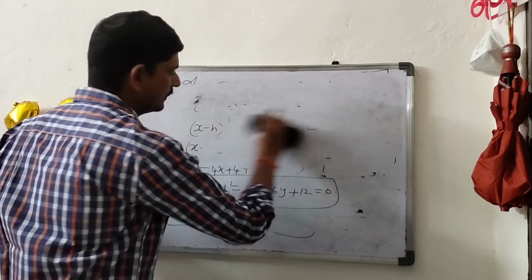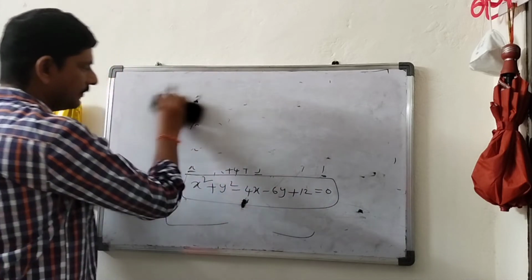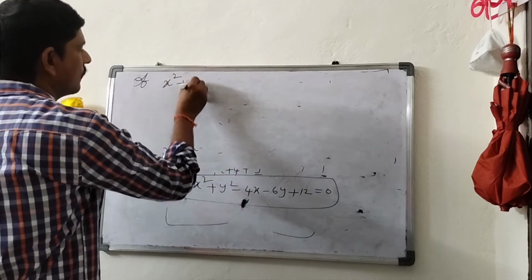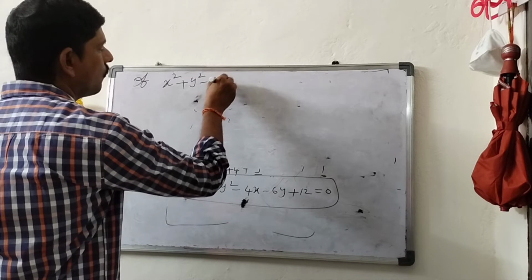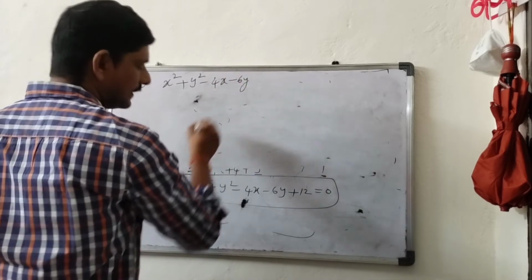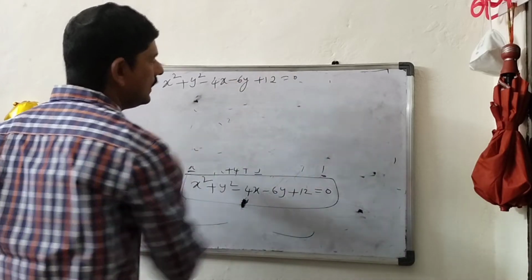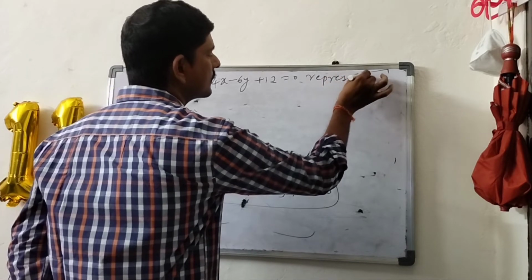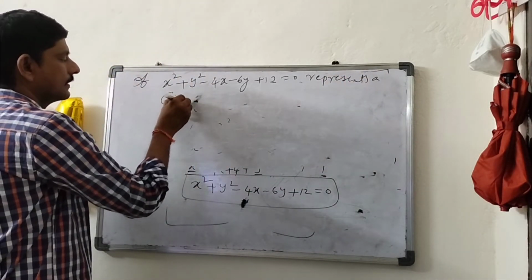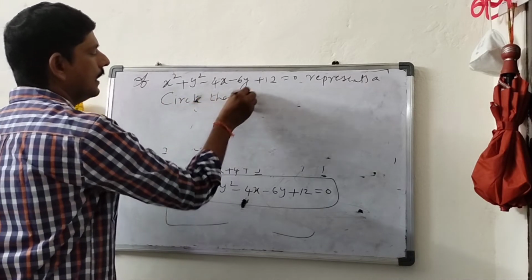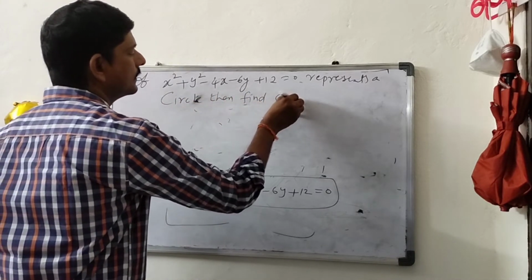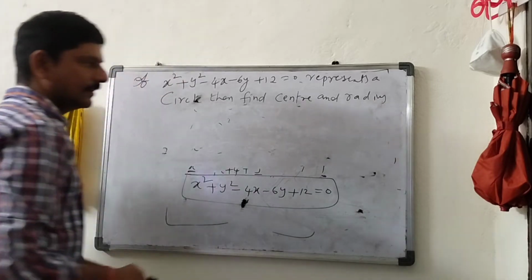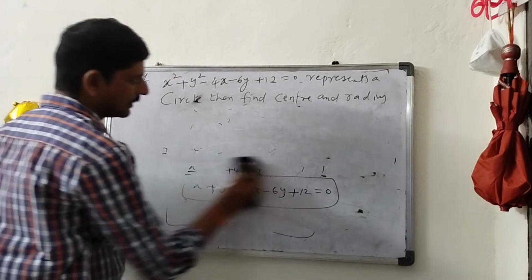If this is the equation of a circle, that means if x square plus y square minus 4x minus 6y plus 12 equal to 0 represents a circle, then find center and radius.